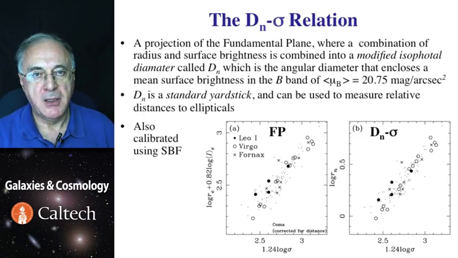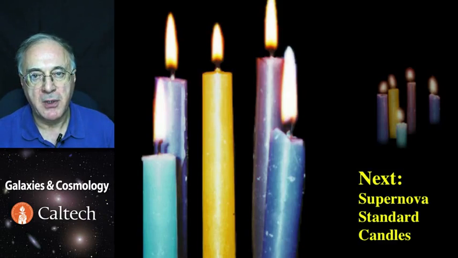The fundamental plane comes in another flavor, the so-called Dn-sigma relation, where Dn is the diameter of a galaxy at which its surface brightness reaches a certain value. This turns out to be a slightly oblique projection of the fundamental plane, but it basically works in the same way. Next time, we will talk about the use of supernovae as standard candles, a very popular method these days.